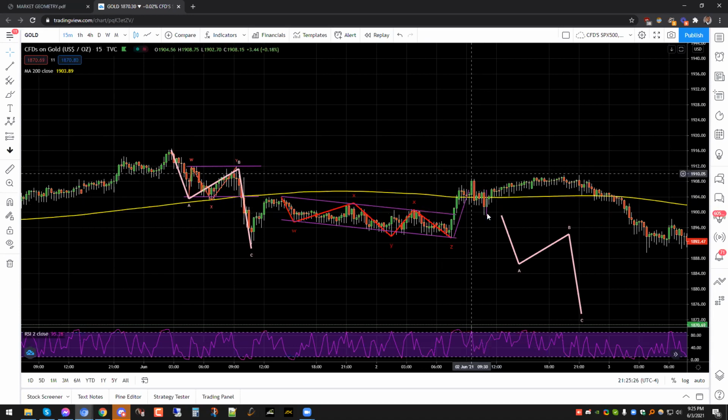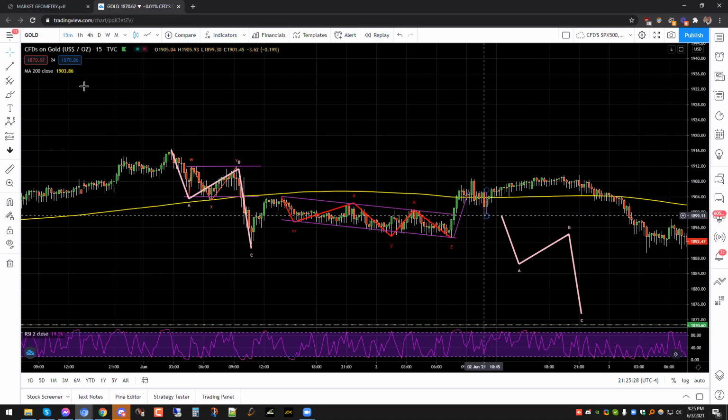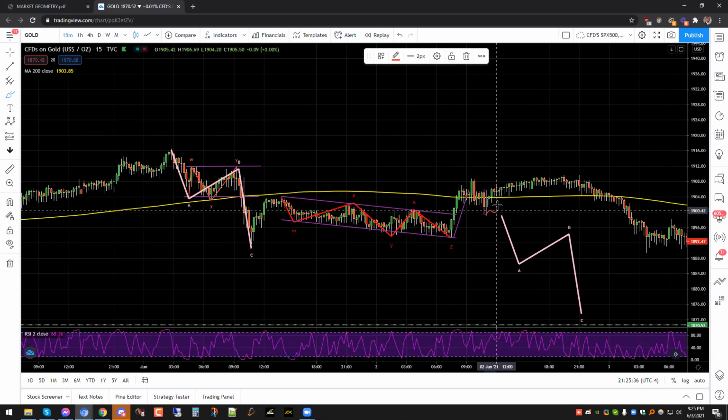Okay. Once this 3-wave move ends, we're looking for some sort of indication that this move is going to continue down. So if it ended here and it went flat like that, without violating the price area of wave 1, and we got one more push down, that would tell us that this is a 1, 2, 3, 4, 5-wave impulse.